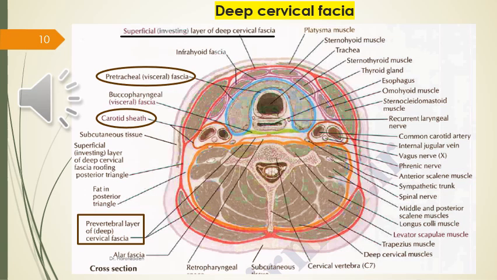And pretracheal fascia is located in front of the trachea. You can see it in blue in the picture. These are the branches of the deep layer of the deep cervical fascia.